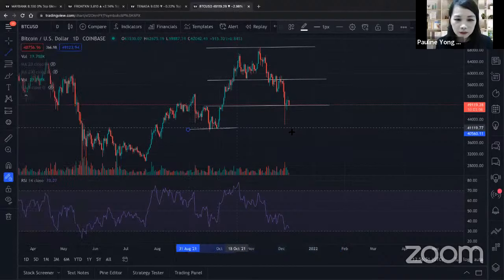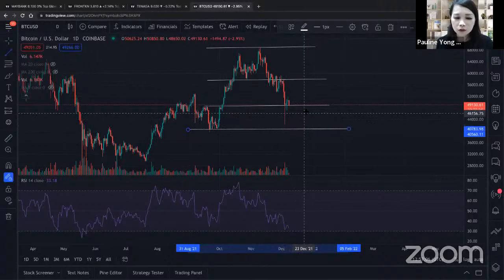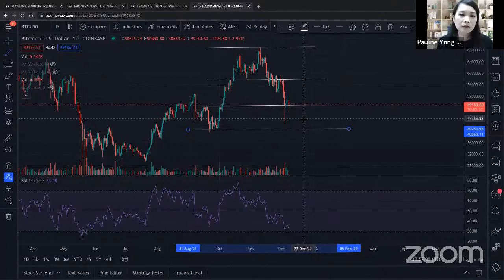So then this will be the next level that we should be looking at. Technical analysis is all about support and resistance. Every time you see that this one cannot be supported, then the other one will be the support. If this one is supported, then it will slowly go higher. So everything is about support and resistance.